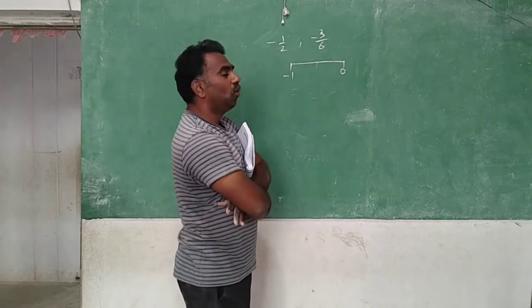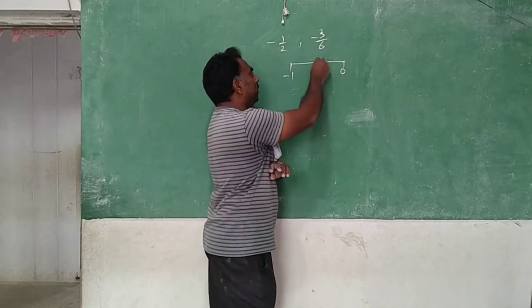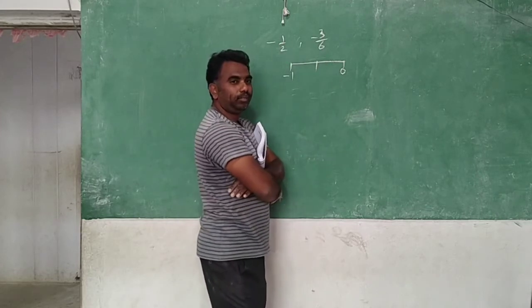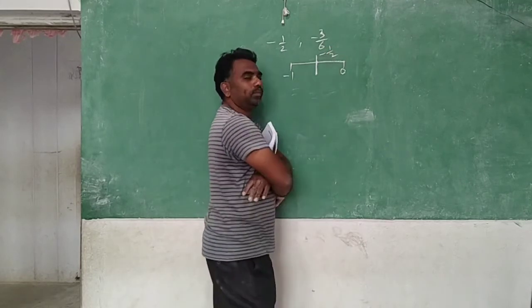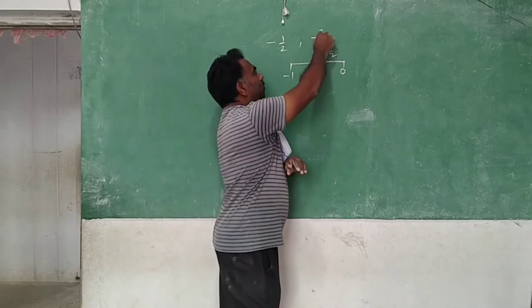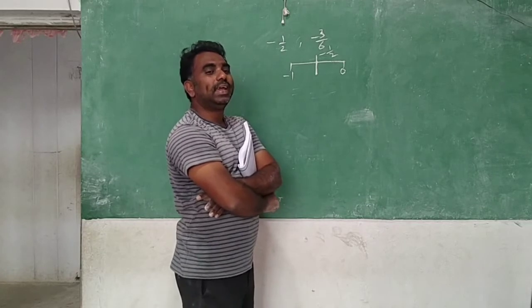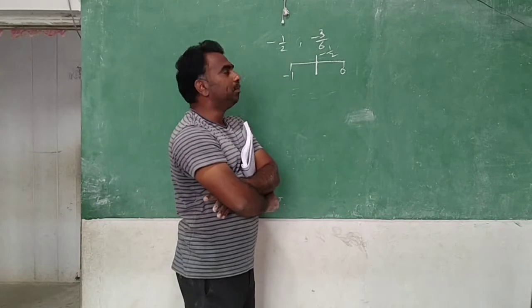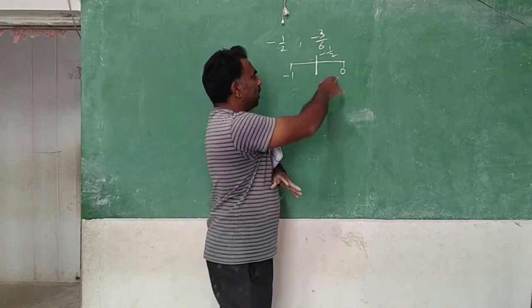How do I show it? It is 1 by 2, which means I will make it into 2 parts, and the first part is minus 1 by 2. Now, what is the meaning of minus 3 by 6? This is also a negative proper fraction, between 0 and minus 1. I have to show it here only.